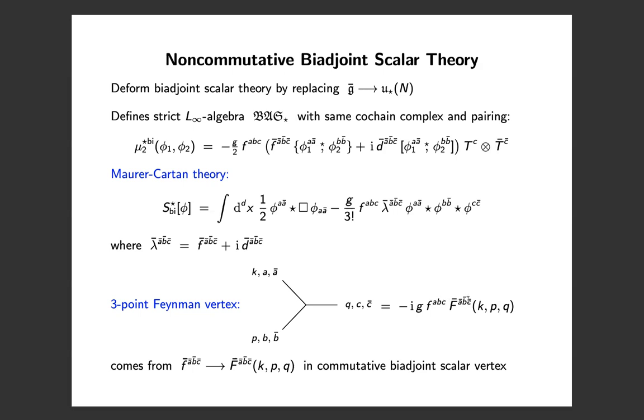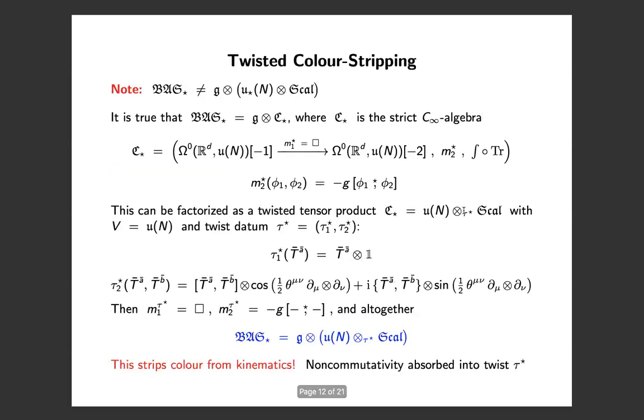Now, the crucial thing is that these factors, these F bars of K, P, Q, cannot be split into products of the structure constants and just kinematic factors. And that's, again, what I said before because of the mixing up here. So that's the whole point, that unlike its commutative version, the non-commutative biadjoint theory cannot be factorized.